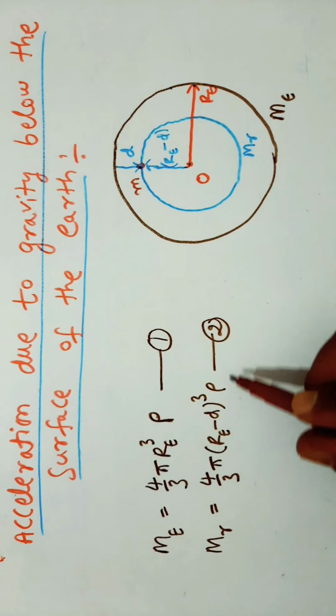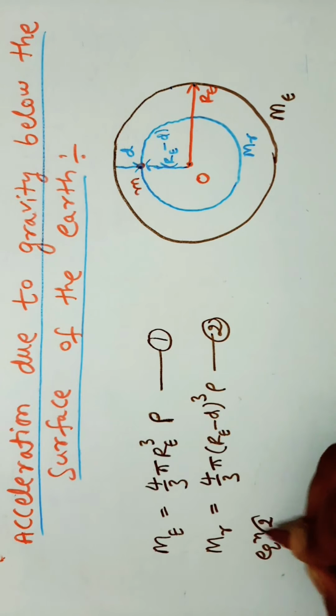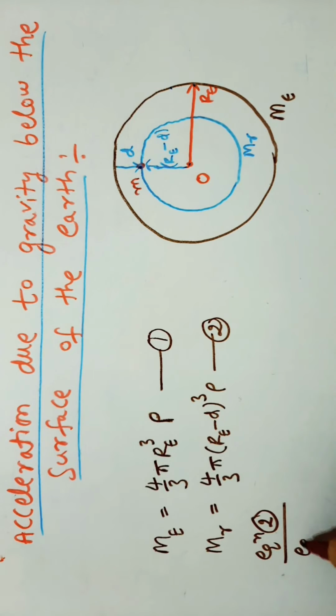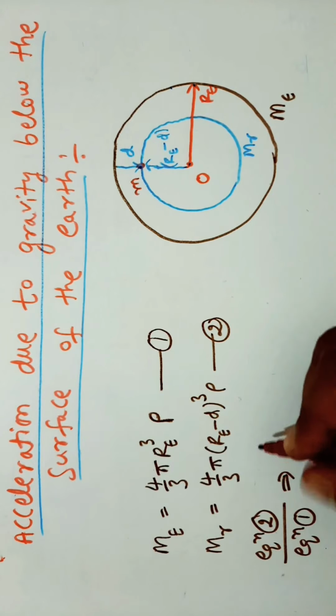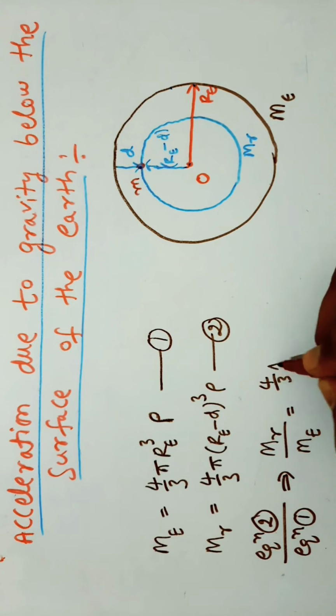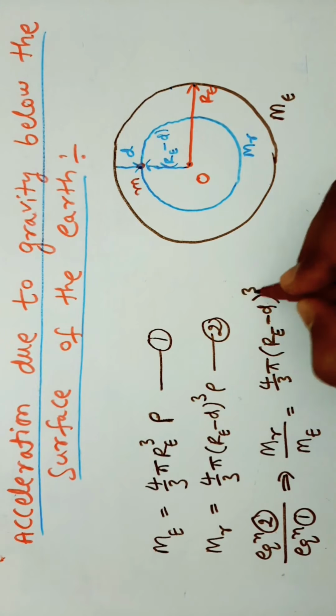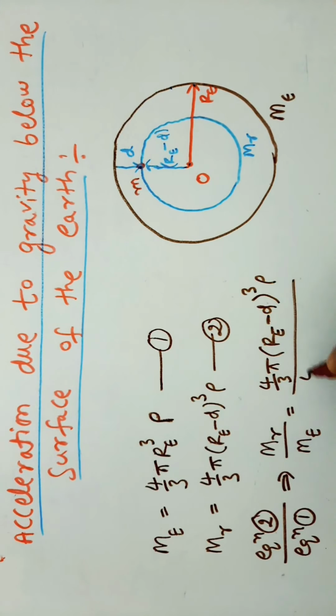So divide equation 2 by equation 1. So equation 2 by equation 1, how much can we get? That is mr by ME is equal to 4 by 3 pi (RE minus D) whole cube into rho by 4 by 3 pi RE cube into rho.